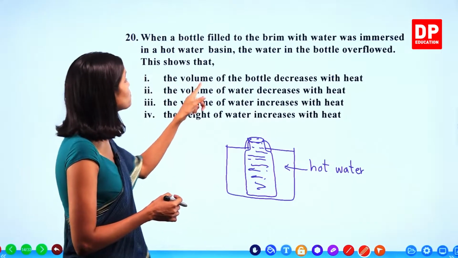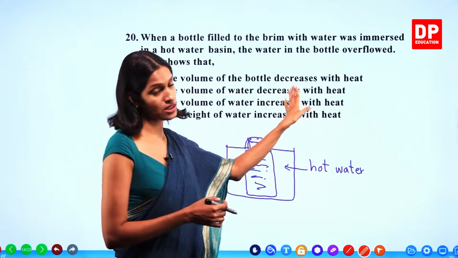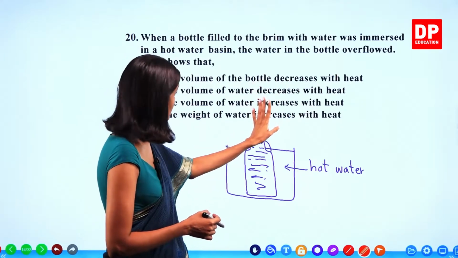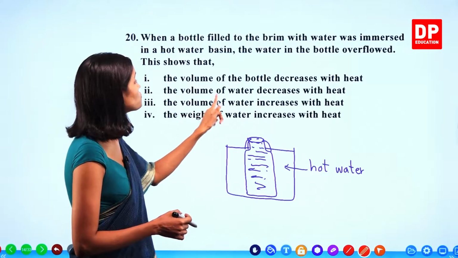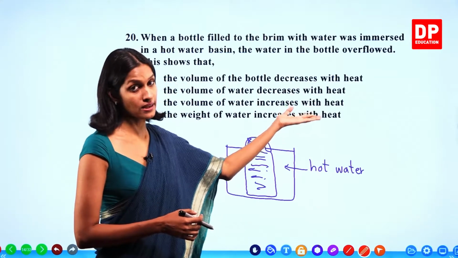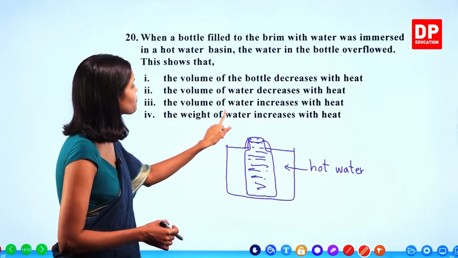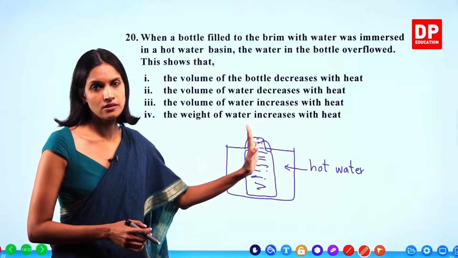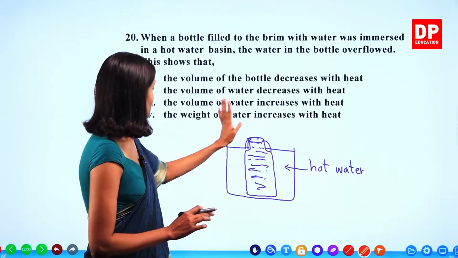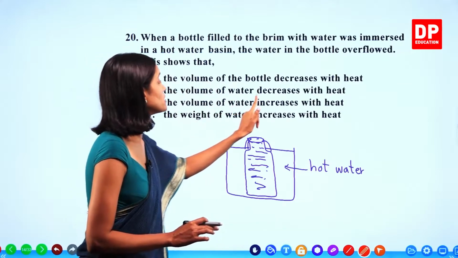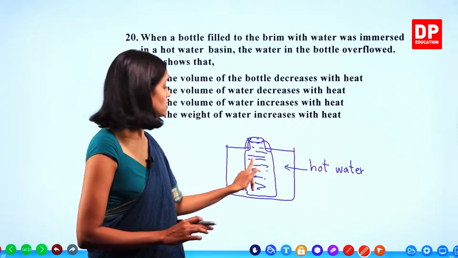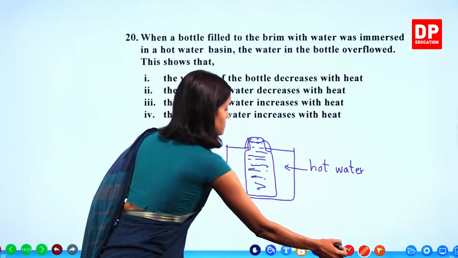The volume of water decreases with heat? Volume does not decrease. The volume of water increases with heat. The weight of the water increases with heat? No. Weight will be the same, but the volume of water increases with heat. Okay, that is the answer.